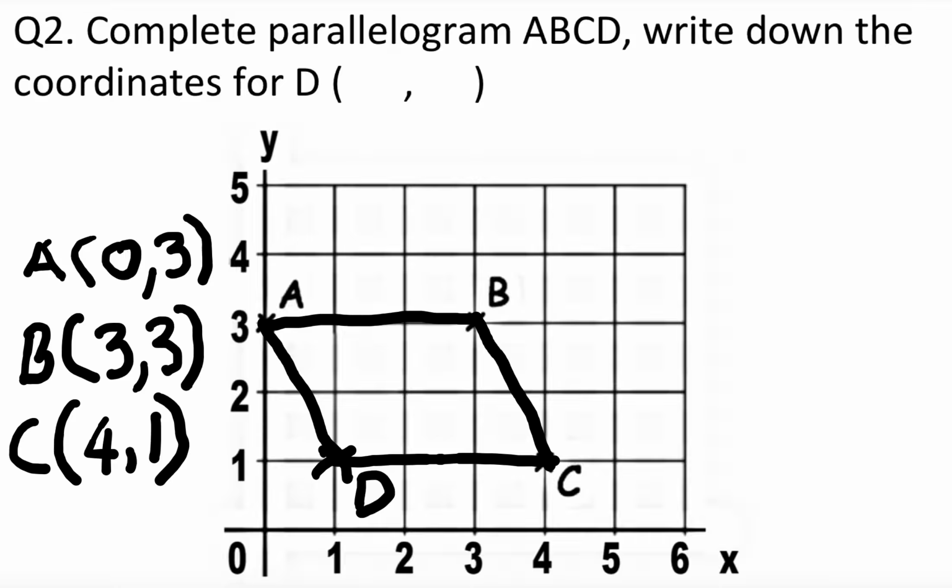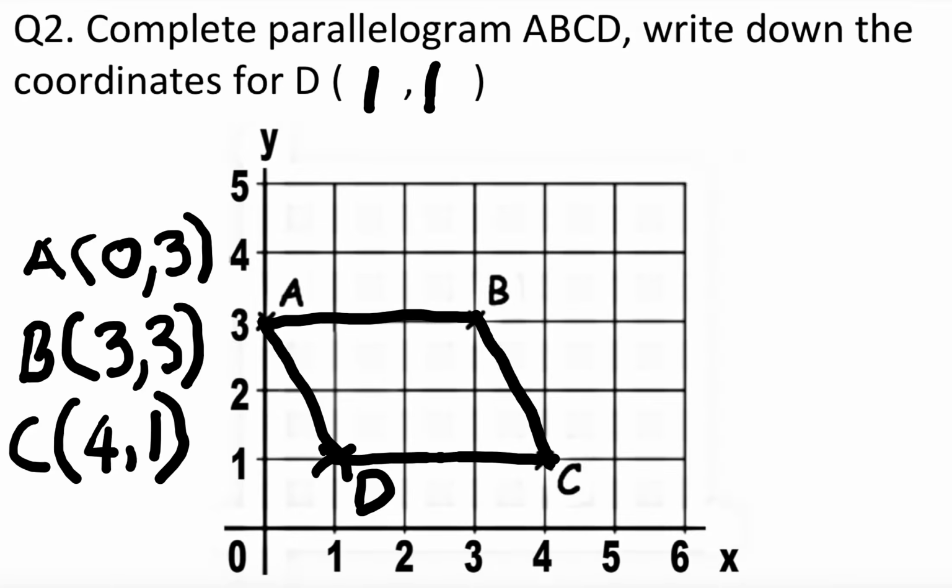So the answer for this one would be 1, 1. So there you go, you've got all the coordinates of A, B and C, and we put the answer in for D. I'm going to make this pen a bit smaller because it's a bit on the thick side. I hope you can read that. As I say, sometimes the graphs are quite complicated and not easy to look at for some students. Let's move on to question 3.